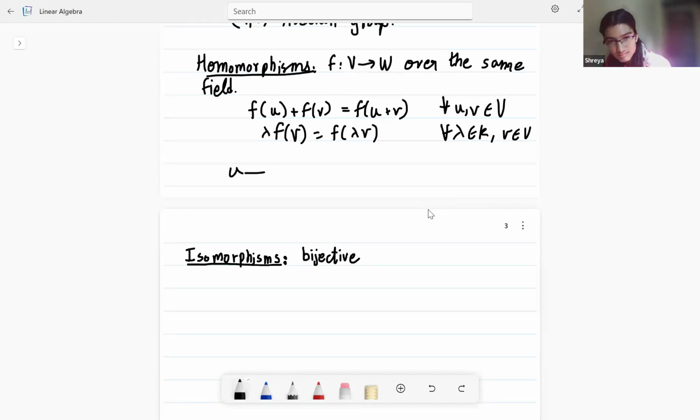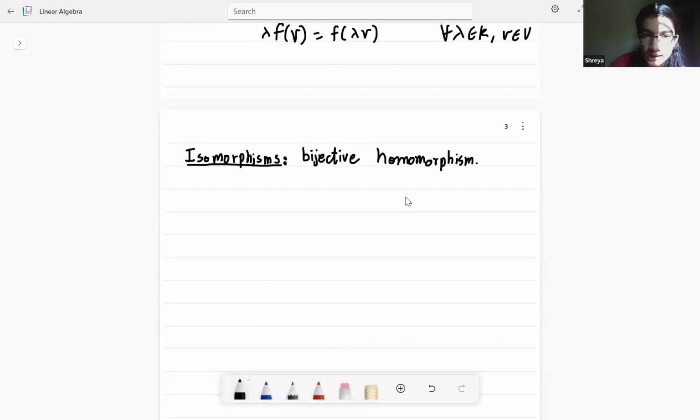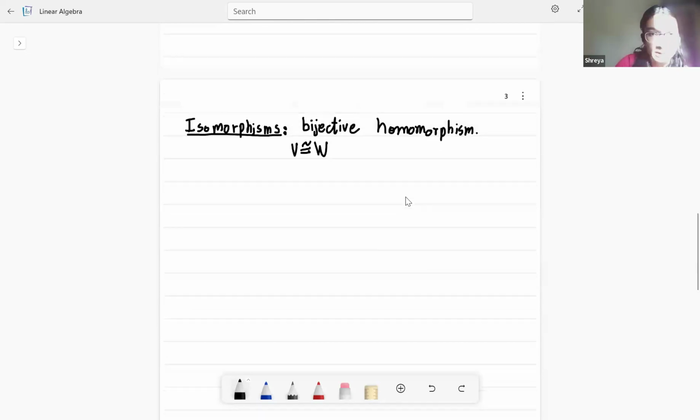They're kind of the same. We say V is isomorphic to W if there's an isomorphism between them, and you can quite easily show that this is an equivalence relation just by composing the isomorphisms.